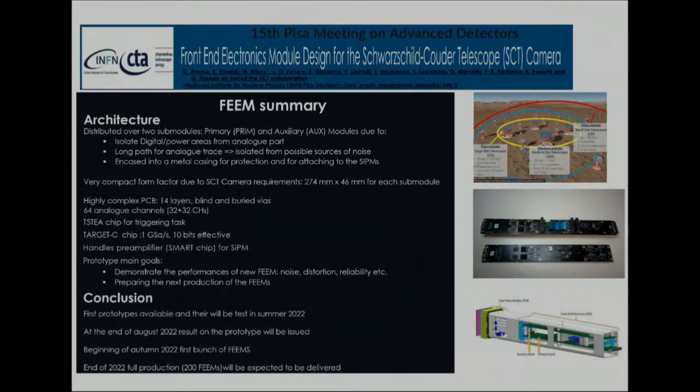Challenges here are long cables. This observatory here is spread out over a large surface. There are size constraints, and the device is still in prototype testing right now, but the schedule, which is outlined here, is that the production will start this summer and the implementation will be at the end of this year, so quite ambitious.